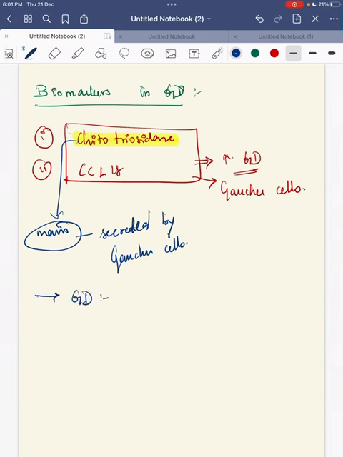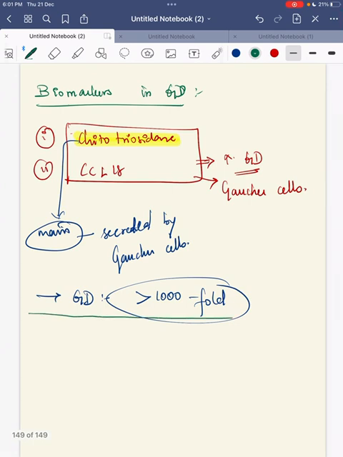But in children with Gaucher's disease, the elevation will be more than 1000-fold. So you have to remember the biomarkers are chitotriosidase and CCL18.